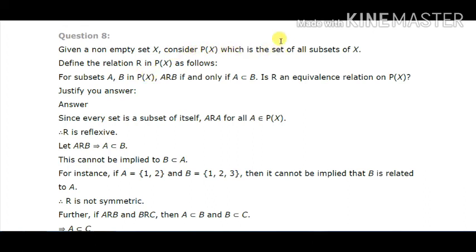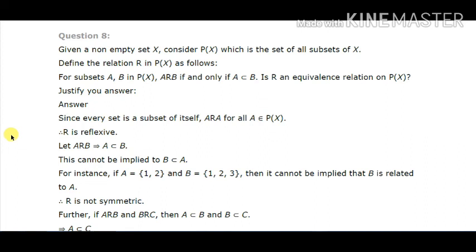P(X) is the power set of set X, and A and B are subsets of X, and we define the relation as A is related to B if A is a subset of B. We have to check whether it is an equivalence relation or not.